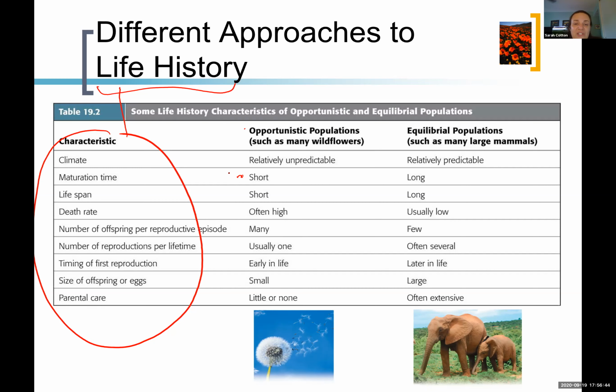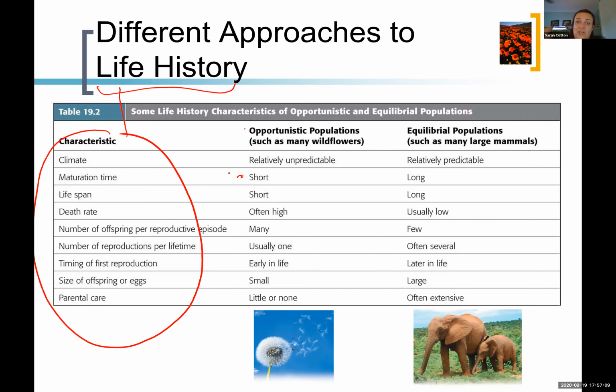So opportunistic populations are organisms that go from the start of their life, being born, hatched, germinated, whatever, to sexual maturity rapidly. You can probably think of some animals that have that reputation, like mice, for example, or rabbits. A lot of plants do that.